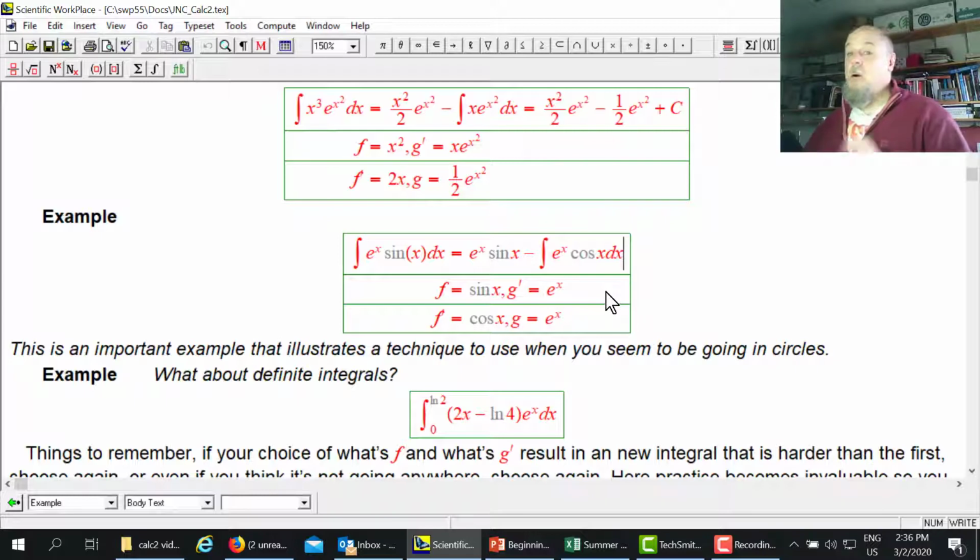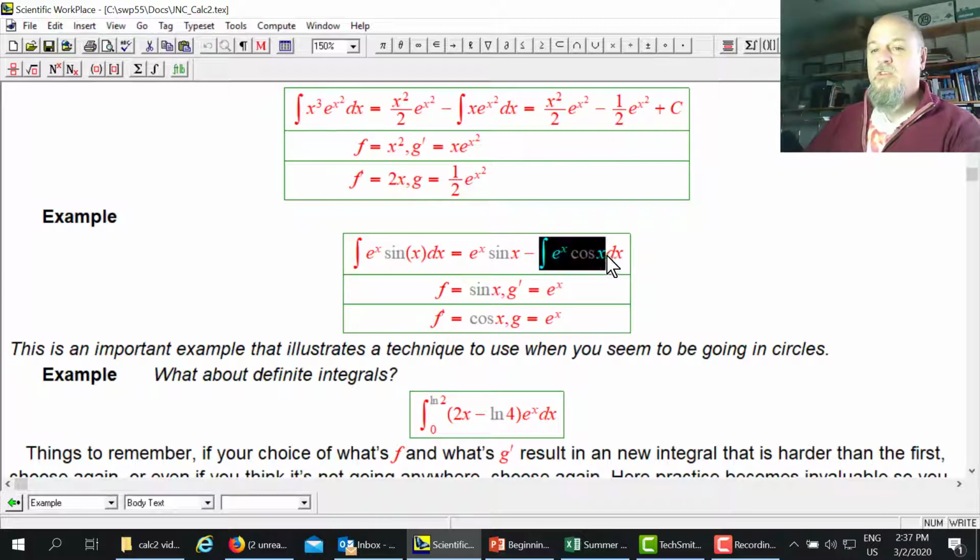Okay, now I know that the integration by parts is going in the right direction if this new integral is easier than my old integral. It doesn't look easier, it looks the same. E times trig, e times trig. It didn't get any worse, but it didn't get any better.